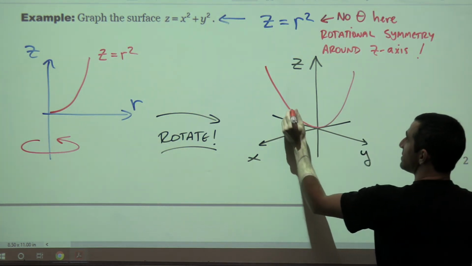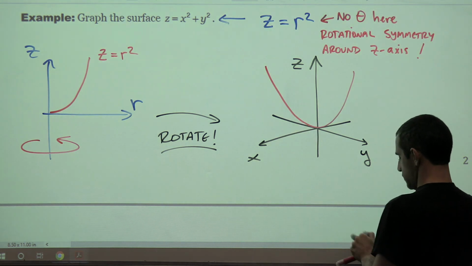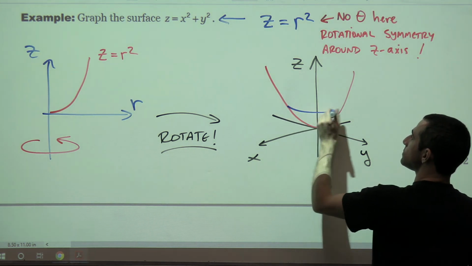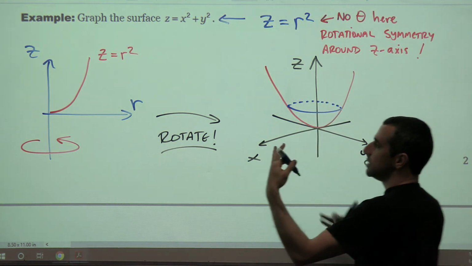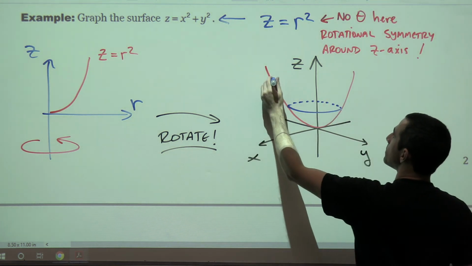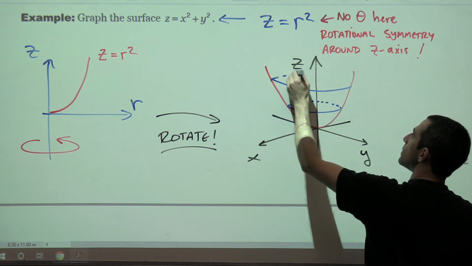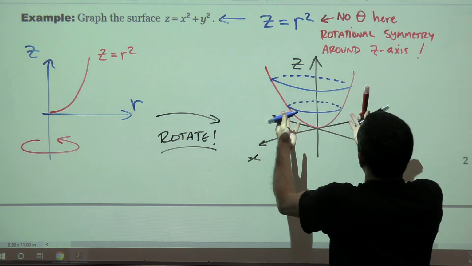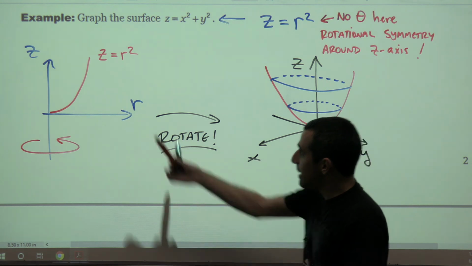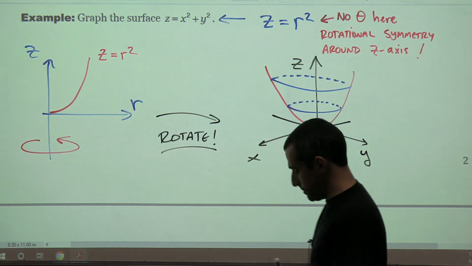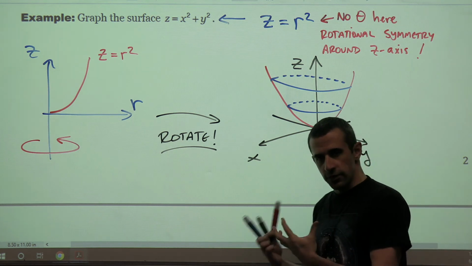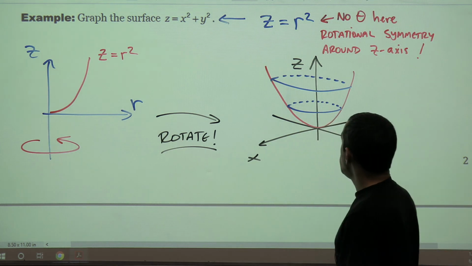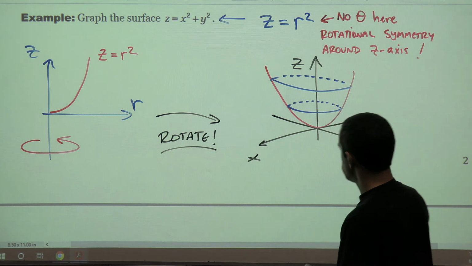The horizontal cross sections are circles. So let me draw those in blue. Those horizontal cross sections are circles because this surface has rotational symmetry. And this bowl goes up forever because that parabola goes up forever in the RZ plane. So the mathematical term for this bowl shape is a paraboloid.